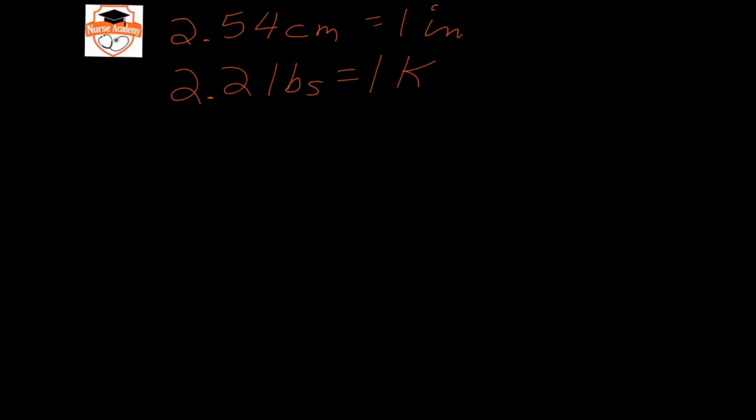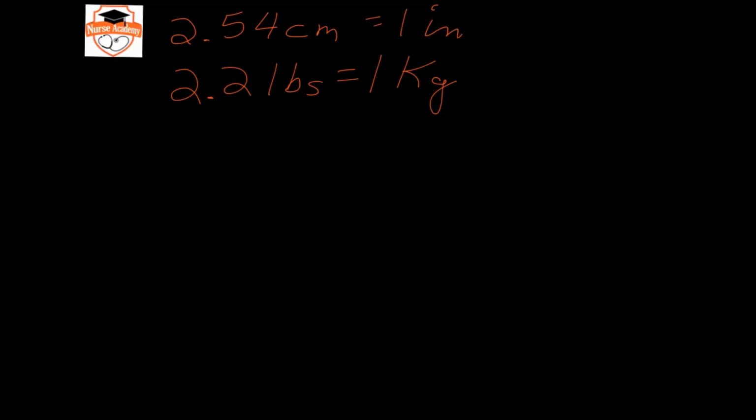So previously we discussed how to do conversions between one metric unit and another metric unit, but there are some very common conversions that you probably need to know as well. Probably the most important ones are that 2.54 centimeters is 1 inch, and 2.2 pounds are in 1 kilogram.